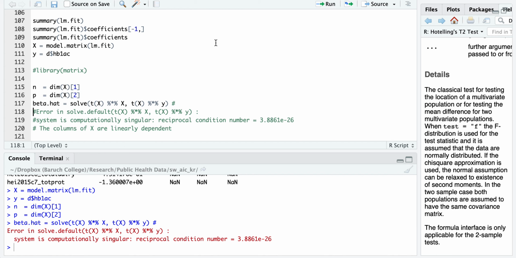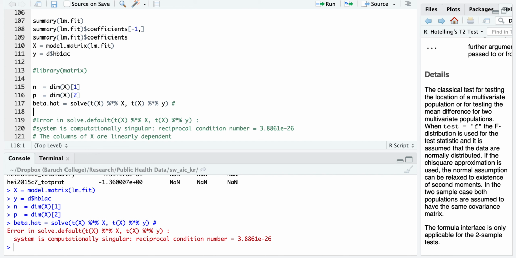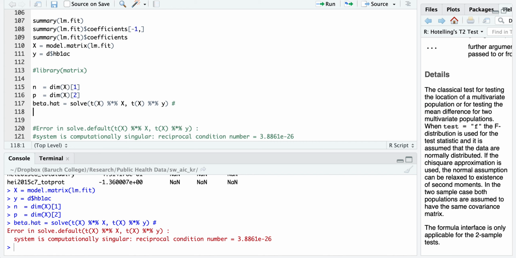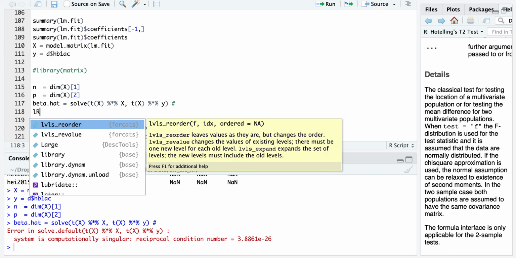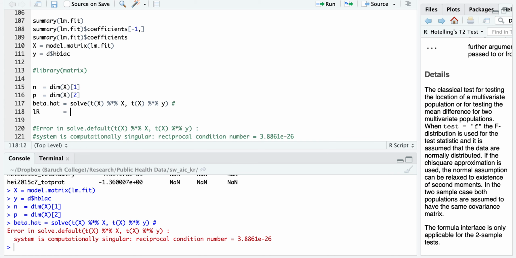Okay, so you have this problem. Now let's say lambda LR, so this is lambda which is 10 to the power of -3, a tiny bit, right?